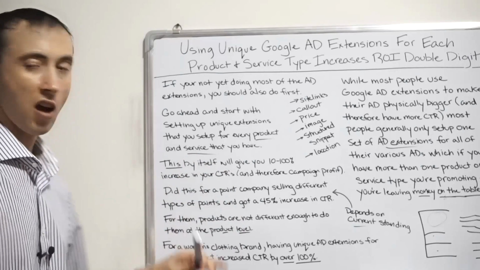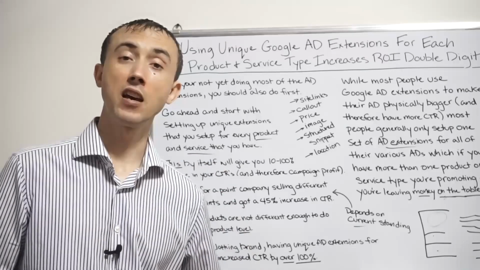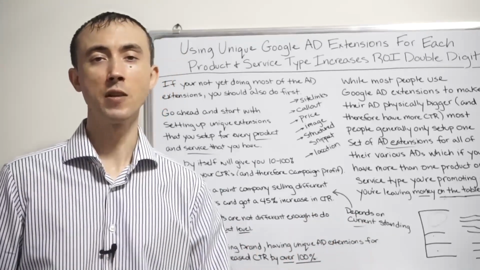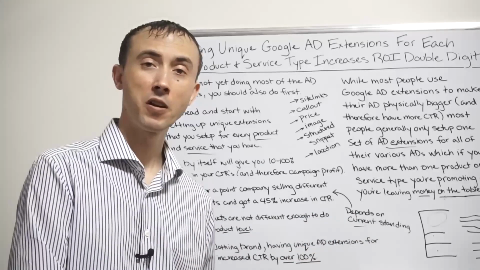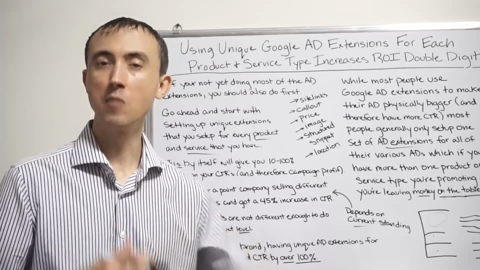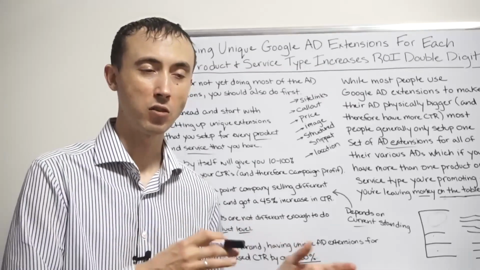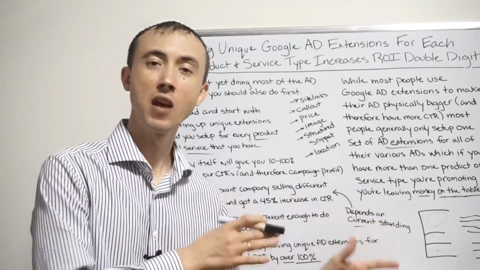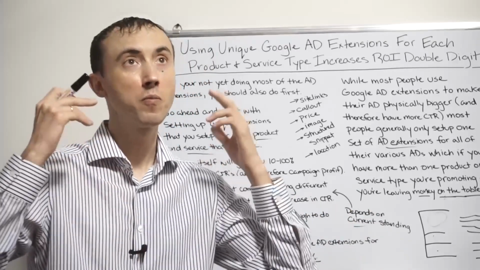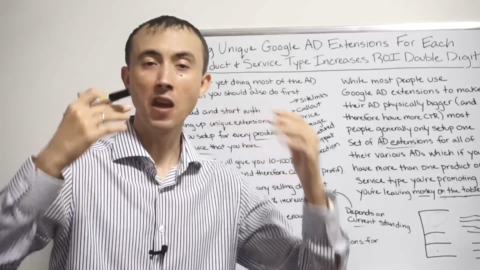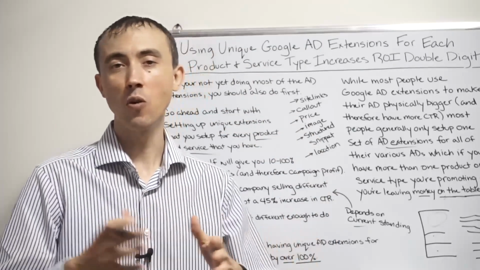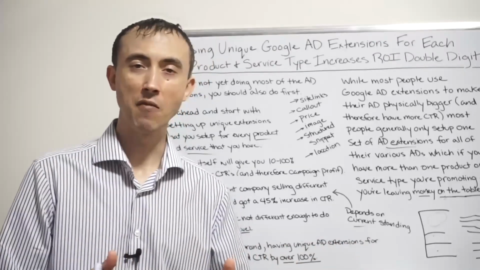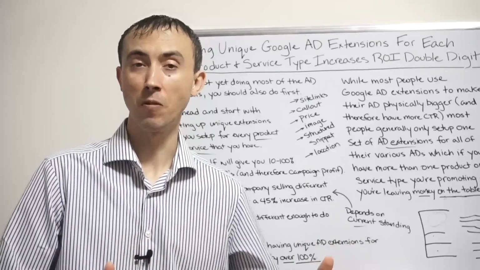Now, I talked about you can actually go to the extent of setting up ad extensions for every individual product or individual service you have to take things a little further. And if it seems like it's warranted in that each product or service you have is actually distinct from one another, and you can mentally think that people would want to see a unique ad extension for each product or service because the products or services are that much different from one another.